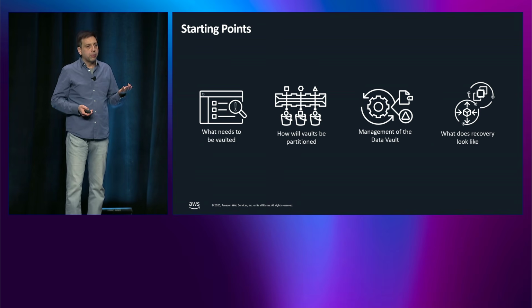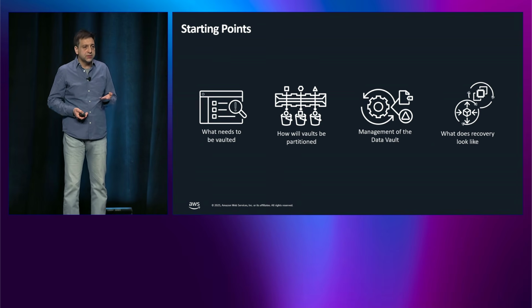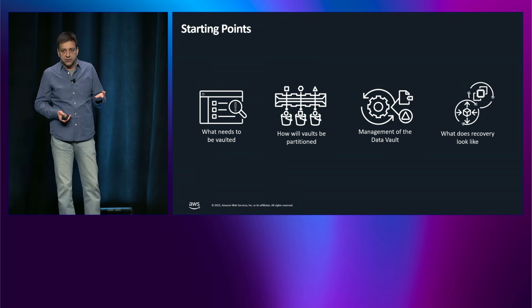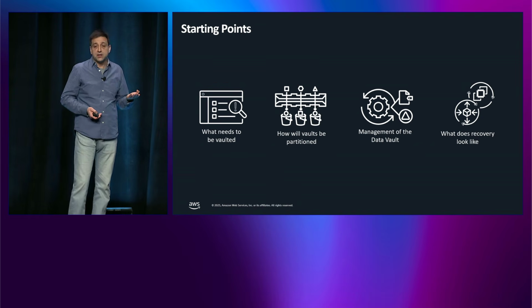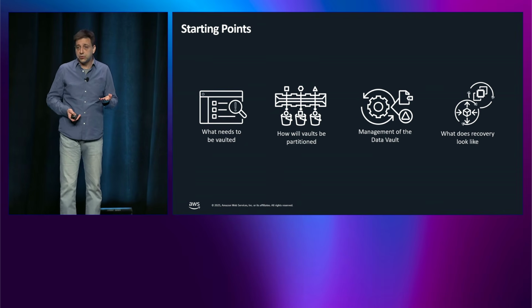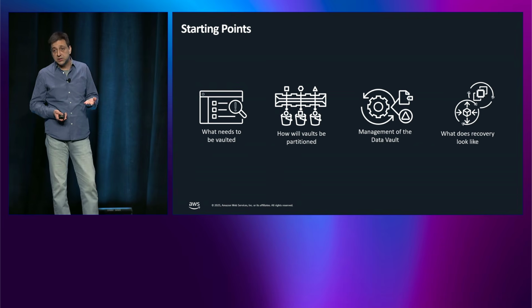So identify the criticality of your systems. Try to understand what data is needed for recovery. Is it the raw data, or data that you can derive from the raw data, so that it doesn't have to be backed up, or at least doesn't have to be recovered as fast as the rest of your system?